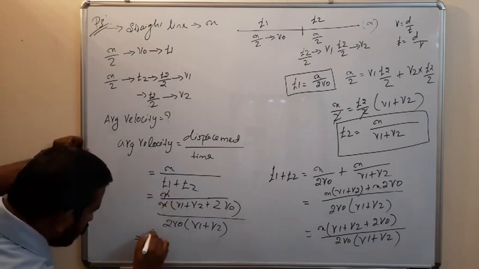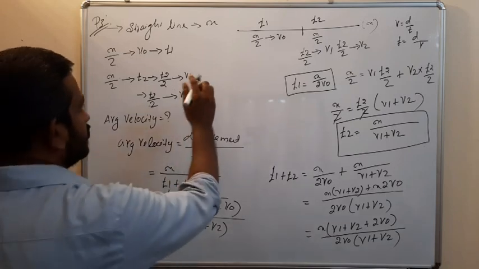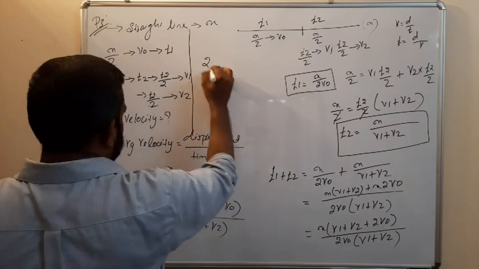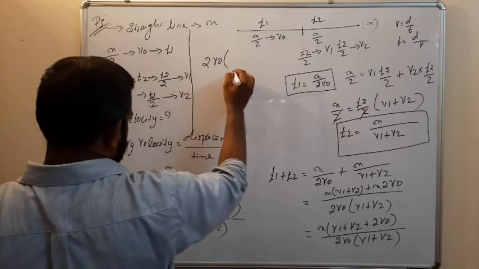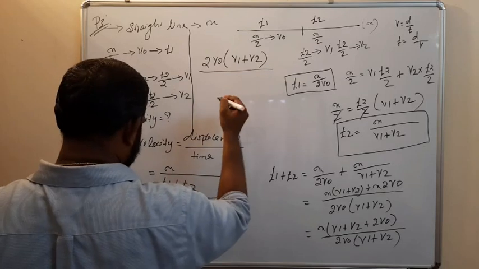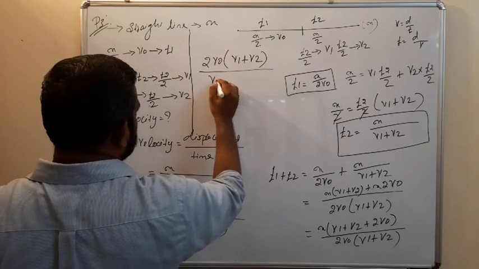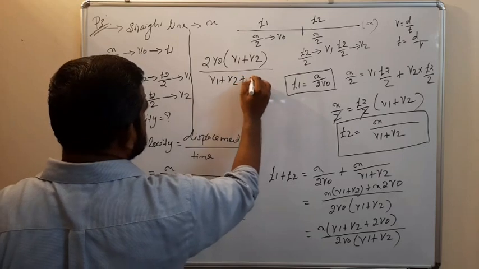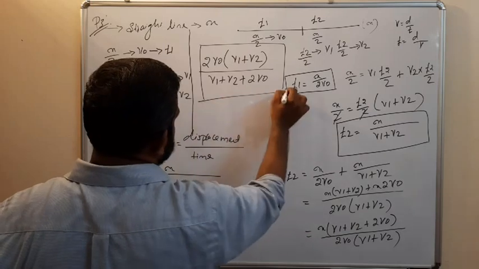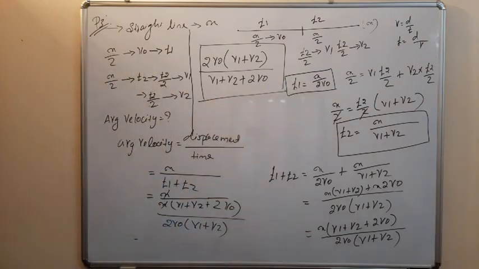So that's equal to 2v0 into v1 plus v2 divided by v1 plus v2 plus 2v0. So this is the average velocity. Clear?